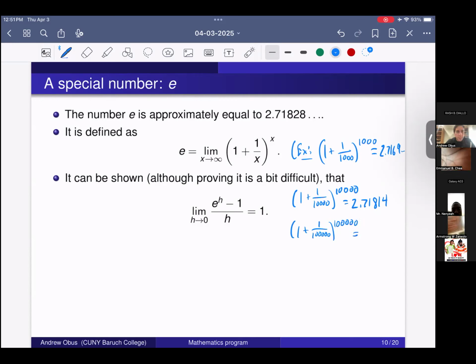This turns out to be 2.71827, and so on. So you can see the larger I take my x, the closer and closer it gets to this number e. And so it turns out that as x goes to infinity, the limit of this is exactly e. Okay.